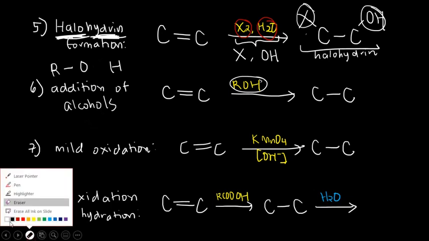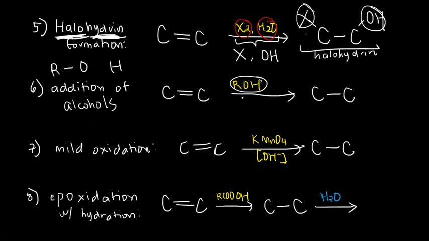So that means that you can split ROH into one molecule of H and one molecule of RO. Or better written as OR, because anyway, it's the oxygen that we should attach first, not the R. And so, as usual, I attach one here and then the other to the next vinylic carbon.